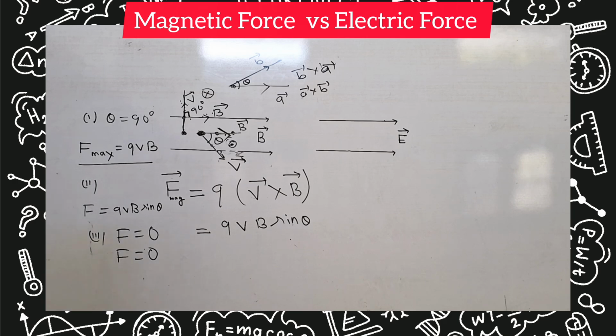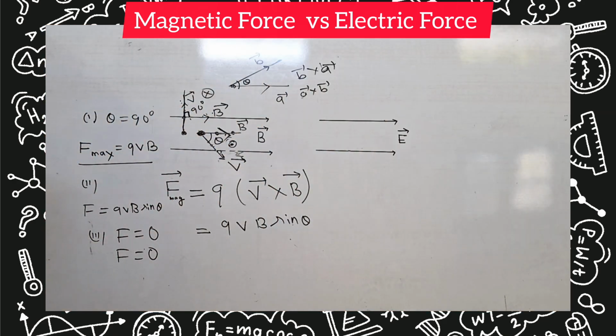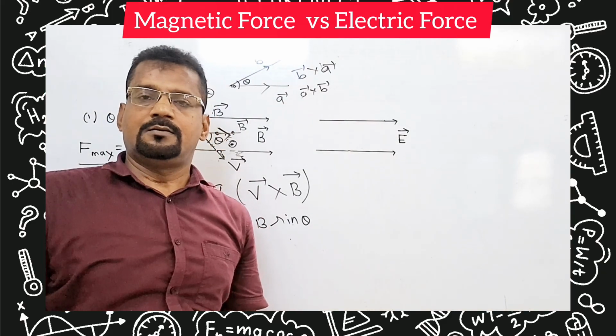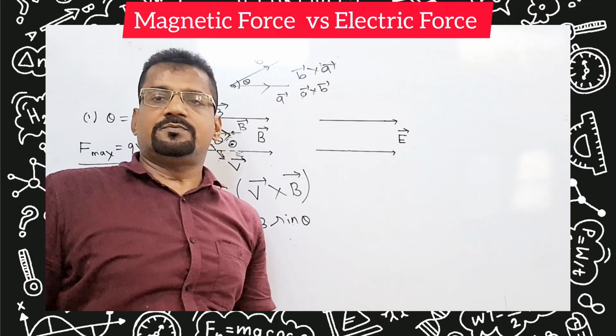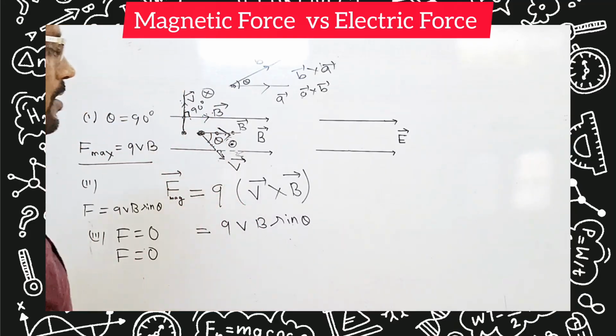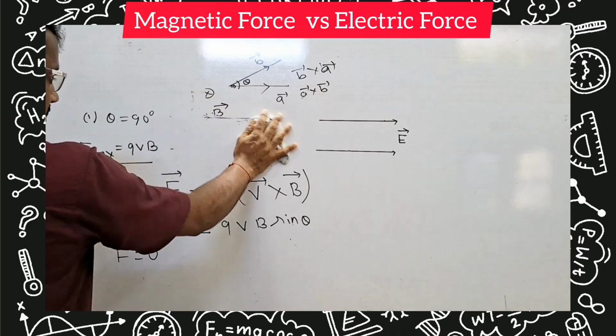Now, the most important point we are going to discuss: whenever a charged particle enters a magnetic field, can the speed of the charged particle be changed? Whatever be the magnetic field, whether it is a uniform magnetic field or non-uniform magnetic field.